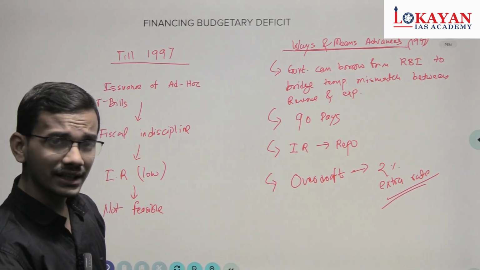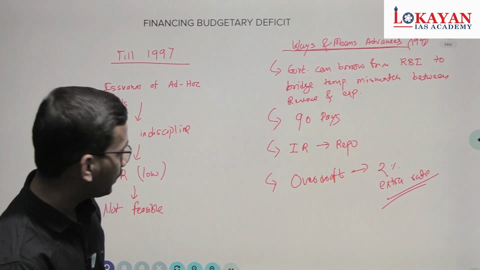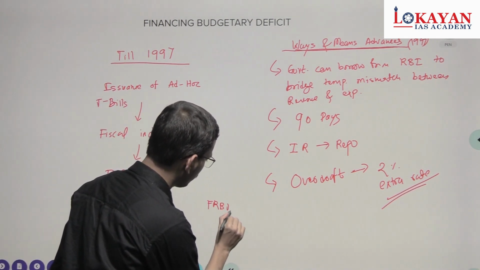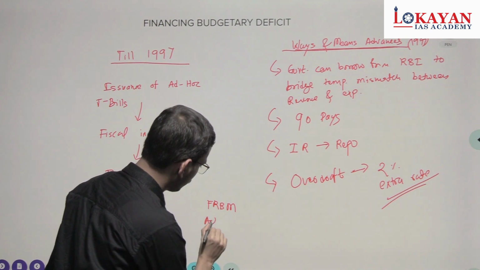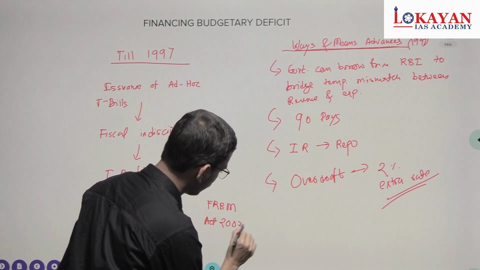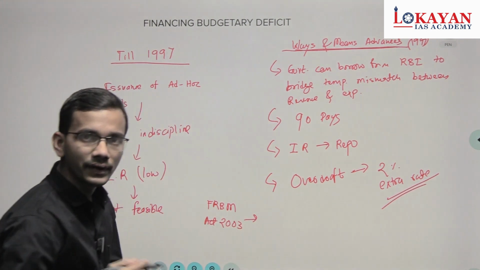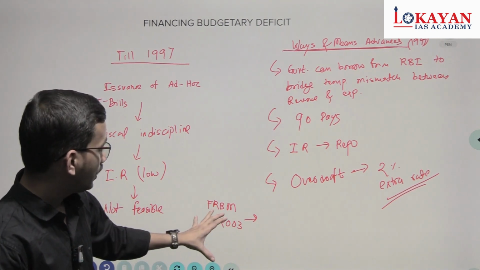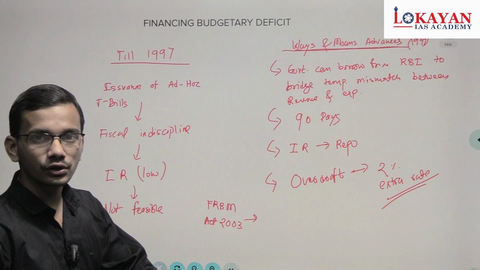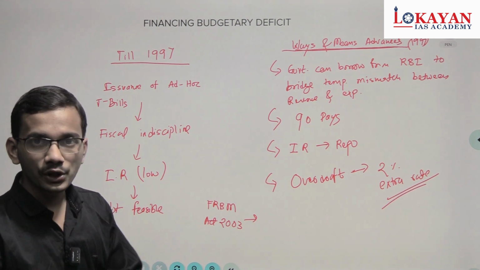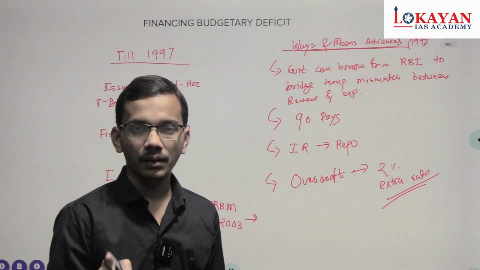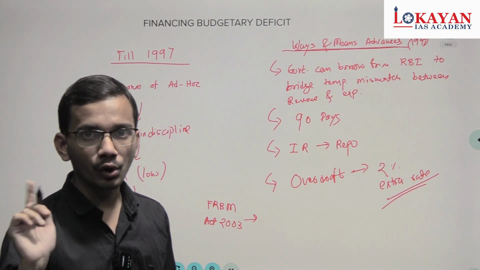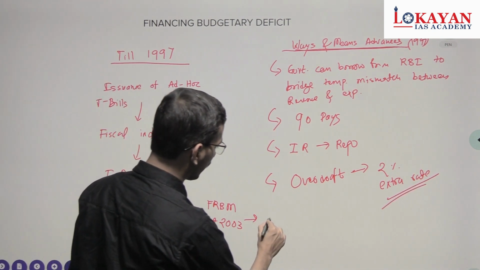Now also there is one provision in FRBM Act 2003. This act we will discuss in our question series of budget and taxation. FRBM Act 2003 also mentions that government shouldn't finance their deficit by borrowing through RBI, but through the way of WMA, ways and means of advances.